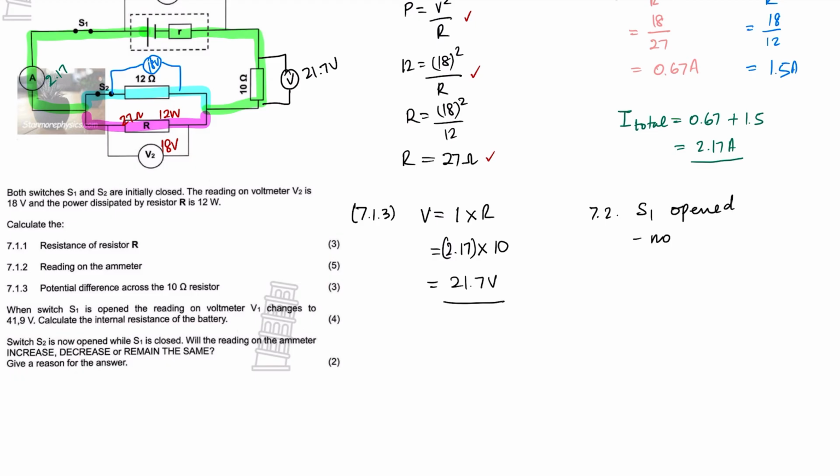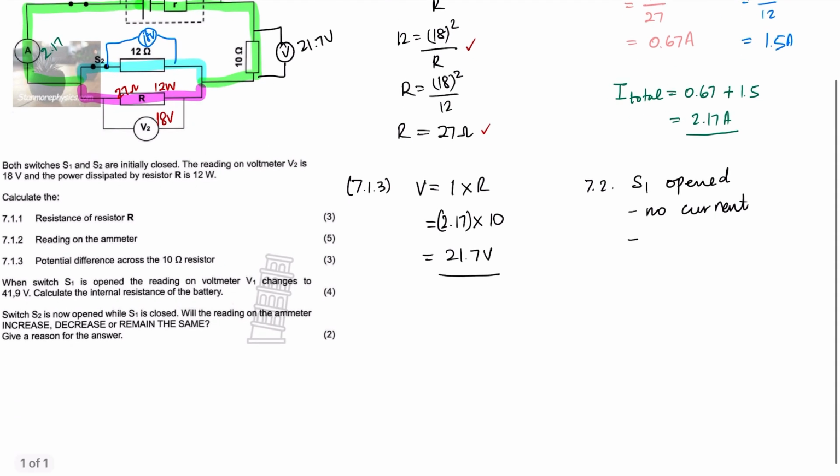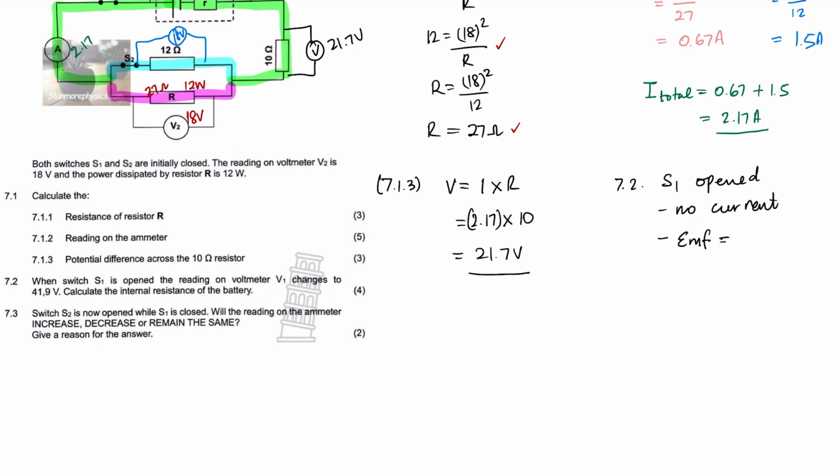It's important to remember that the reading on the voltmeter when there is no current in the circuit is referred to as the EMF. So in other words, the EMF of this battery is 41.9 volts.